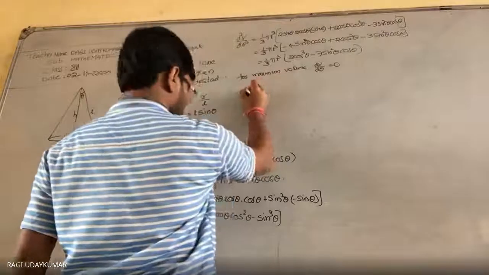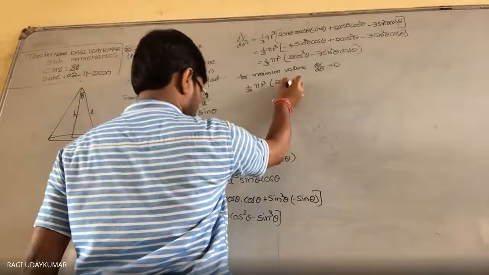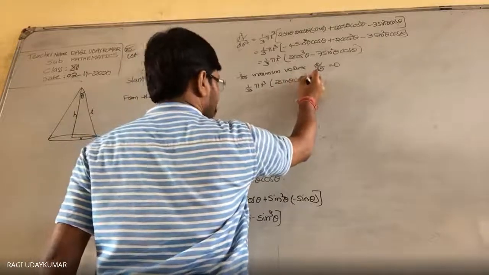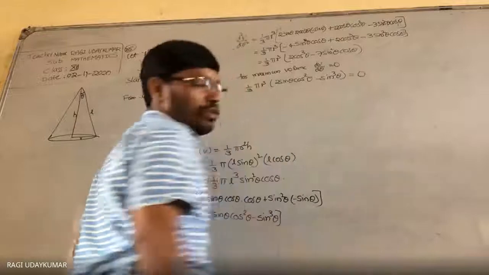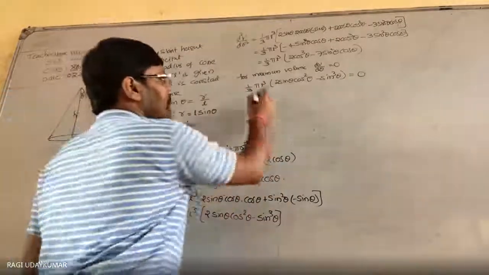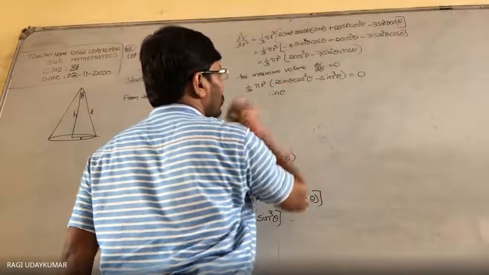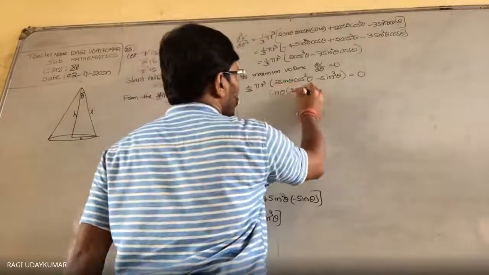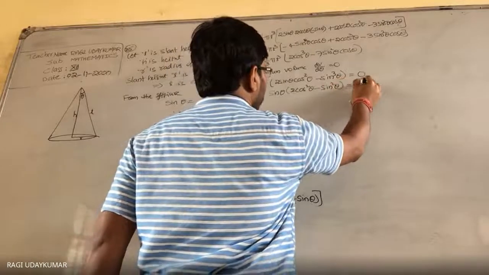So that is nothing but 1 by 3 pi l cube into 2 sin theta cos square theta minus sin cube theta is equal to 0. Next, ये पूरा राइट साइड लेके जाओ, इसमें sin theta कॉमन ले लो, and what you get here: 2 cos square theta minus sin square theta is equal to 0.